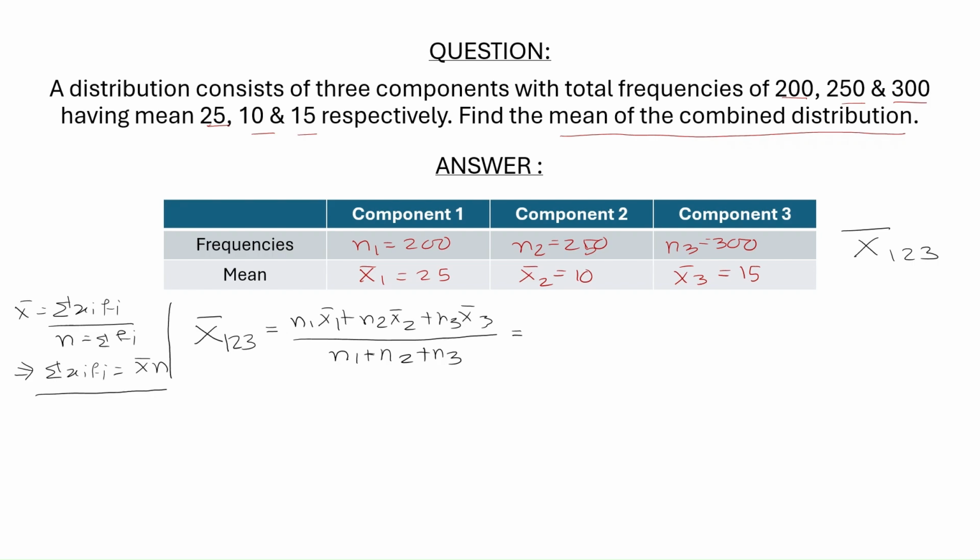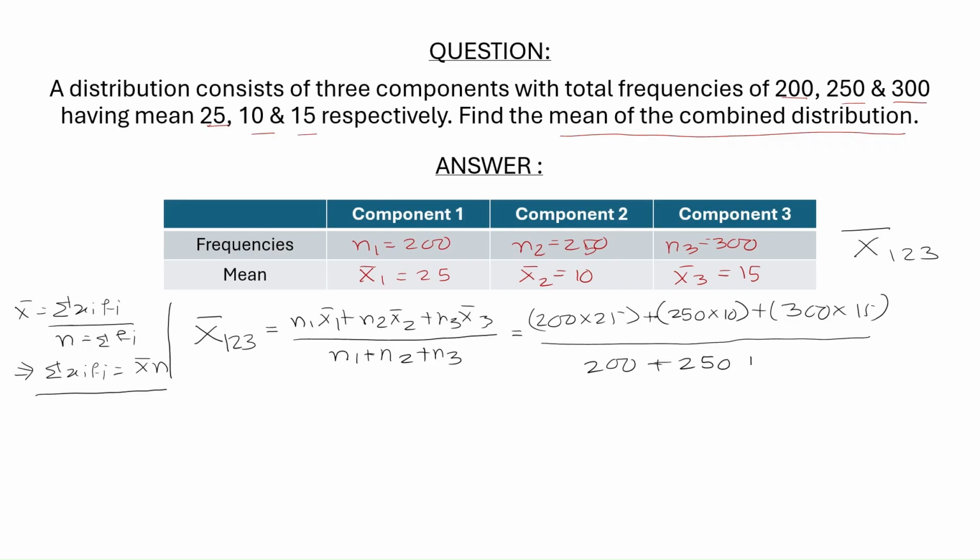This is equal to 200 multiplied by 25 plus 250 multiplied by 10 plus 300 multiplied by 15, and this will be divided by 200 plus 250 plus 300.